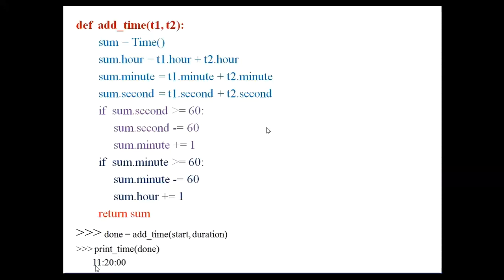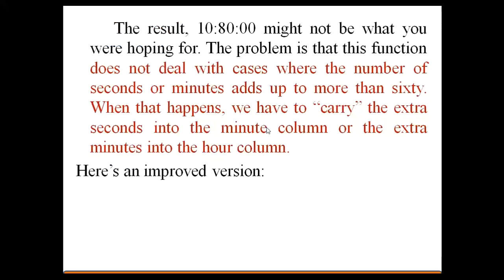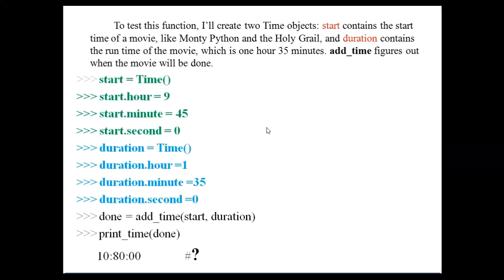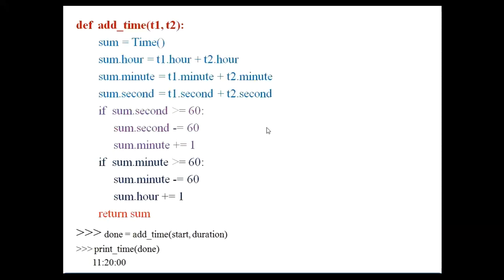As a result we have got the output 11:20. Yes, this is the right time value which we are expecting. That represents that if a movie starts at 9:45 and has a duration of 1 hour 35 minutes, it is going to complete at 11:20.